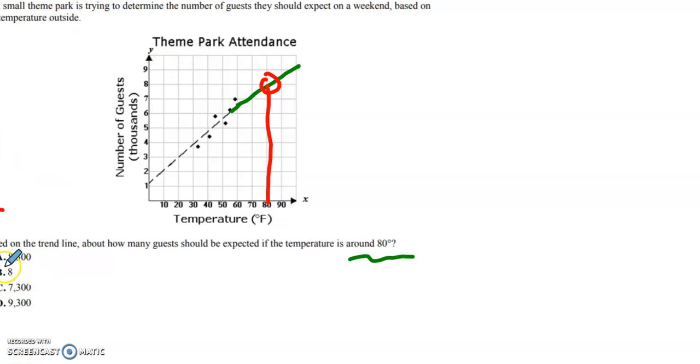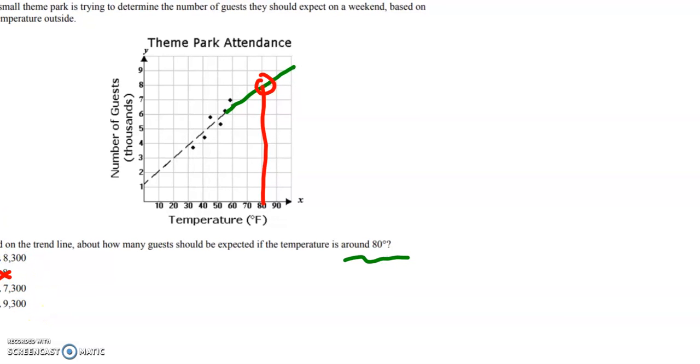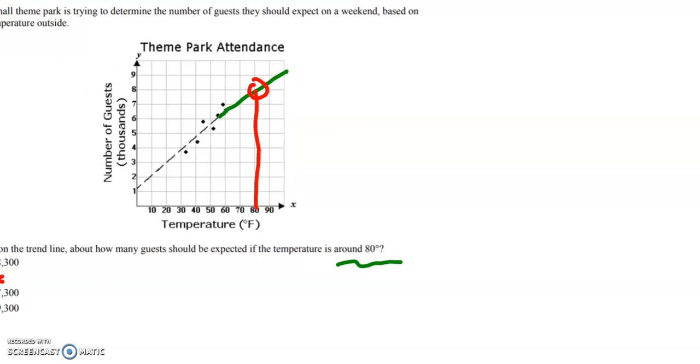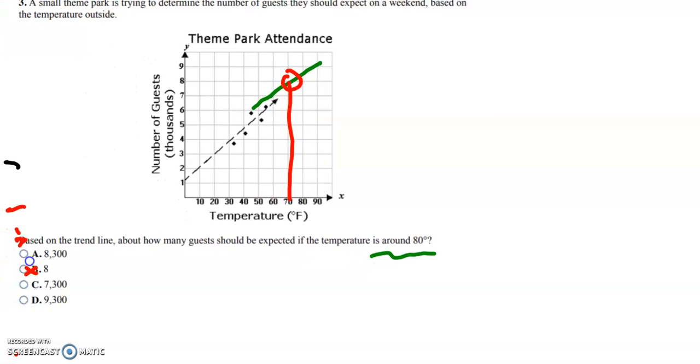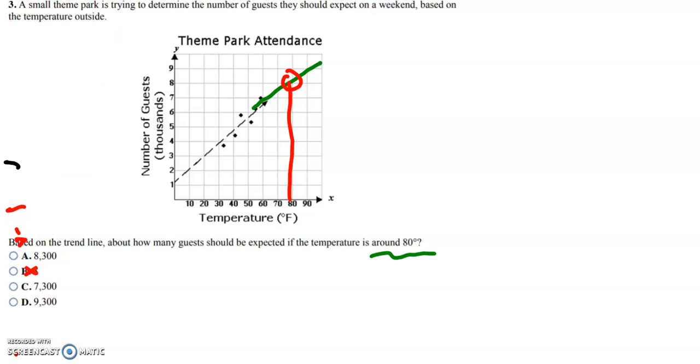So we know 8 is wrong. And we know 7,000 is a little too low. We know 9,000 is a little too high. So I'm going to go with answer A. I think it's going to be about 8,300 guests that will attend the theme park that weekend. So the answer is A.